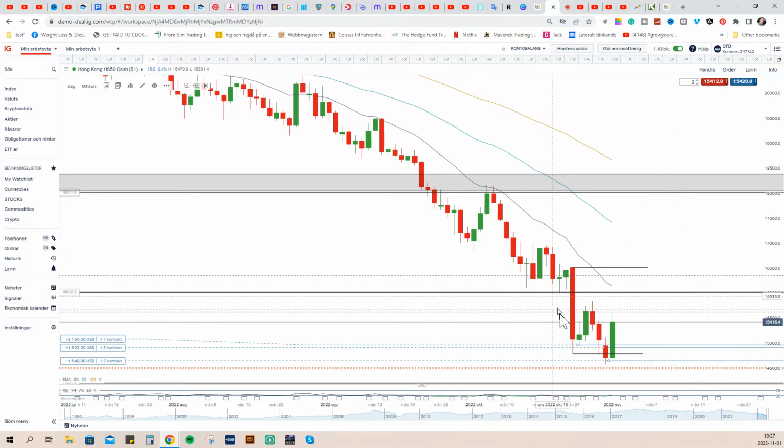And on this daily chart, we can see a massive bearish mother bar. This is a mother bar because we can see that we have inside bars here, 1, 2, 3, 4 of them. This is not an inside bar because it went below the mother bar here, but we have multiple inside bars here.